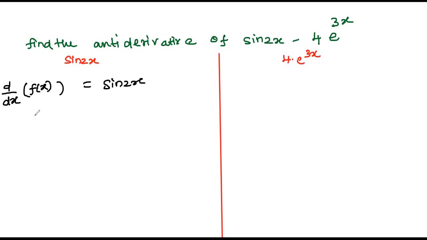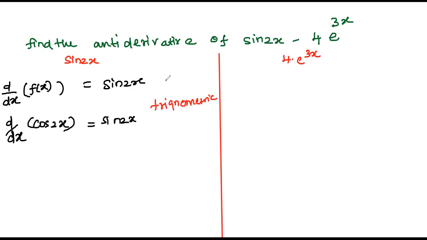When you differentiate cos theta, you will be getting the result sine theta, right? So it will be cos 2x equal to sine 2x. So step 1 is using the right trigonometric identity, the right trigonometric formula. That is step 1.